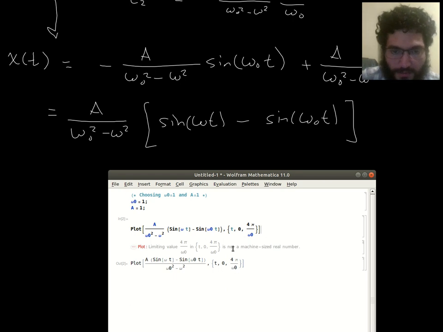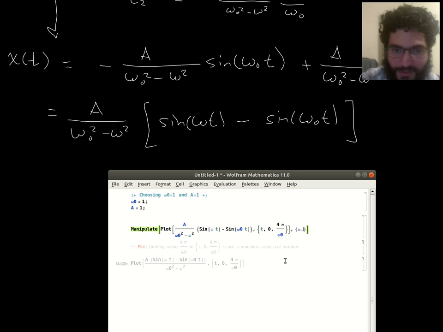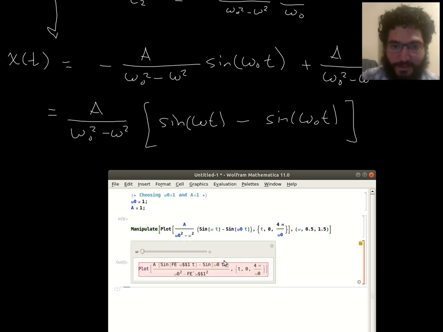Okay, what's going on here is I haven't said what omega is. My whole point here was to manipulate it, although I suspect that error is about something else. But let's manipulate omega here. And when omega is close to 1, we expect some crazy stuff to happen. Let's vary it between 1/2 and 1.5, so that in the middle is the weird stuff.